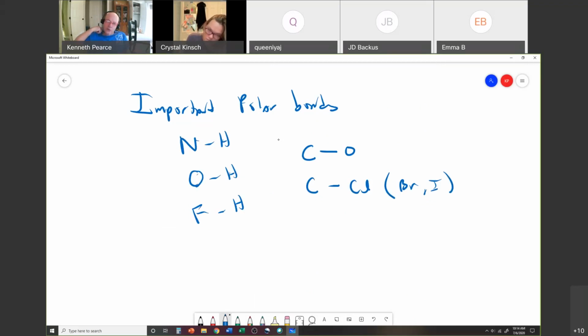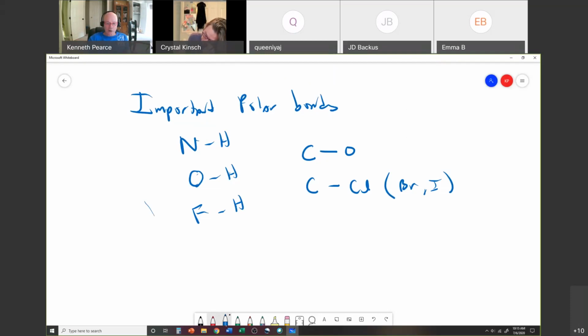Okay, those are generally going to be your important polar bonds. They're important because when they show up in molecules, they tend to be very polar and they cause interesting things to happen. Okay, which comes with the charge separation and all that. So if we're going to have important polar bonds, these would be it right here.